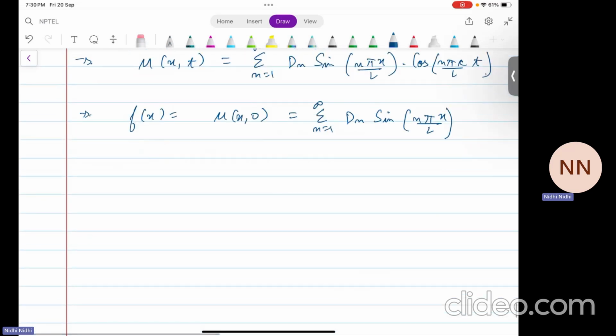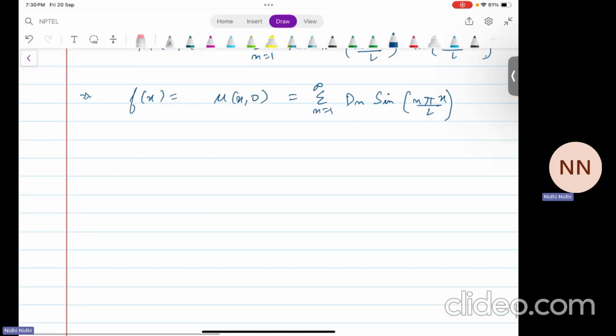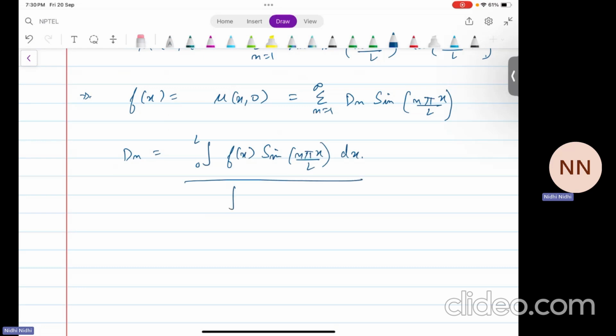Now from here we all know that we can evaluate these coefficients dn as integration 0 to L f(x) sine n pi x by L dx divided by integration 0 to L sine square n pi x by L dx.